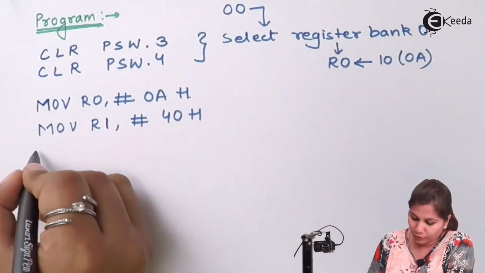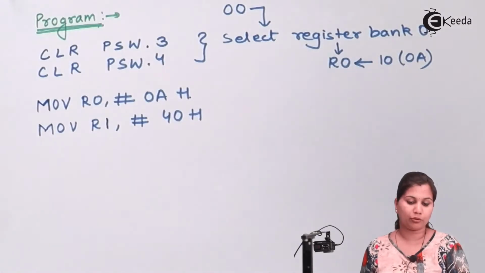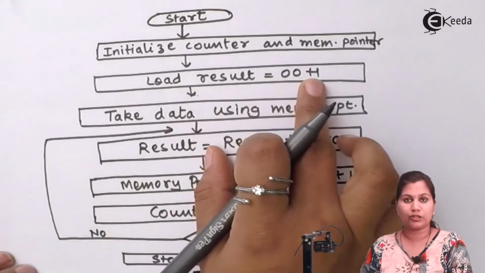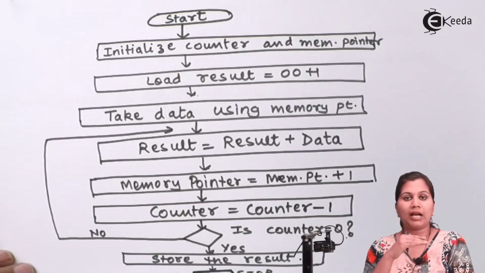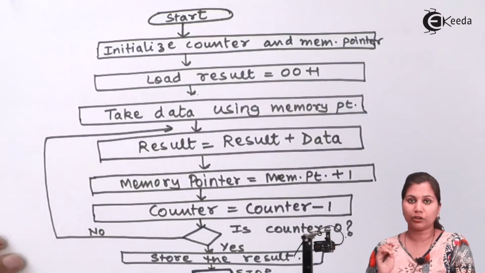Now we are going to initialize our result also. In our flowchart, we have written that load the result as 0. We know that whenever we are adding two numbers, then one of the operands should be in the accumulator and the other operand is our data. So this initialization of the result is in the accumulator.